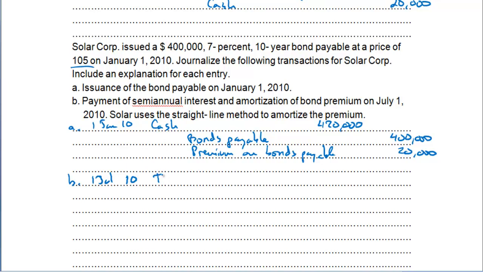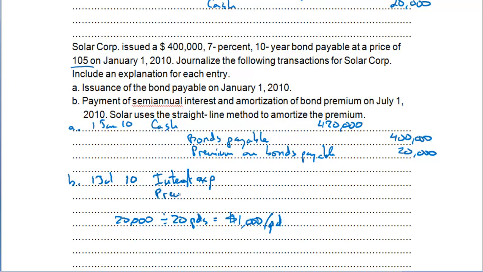Okay. So now, the semi-annual interest payment and amortization of the bond premium on the 1st of July 2010. We have interest expense. And now the premium, let's see, we have $20,000. $20,000, 10-year bond, semi-annual, so divided by 20 periods means that it's going to be $1,000 per period. So interest expense, don't know yet.